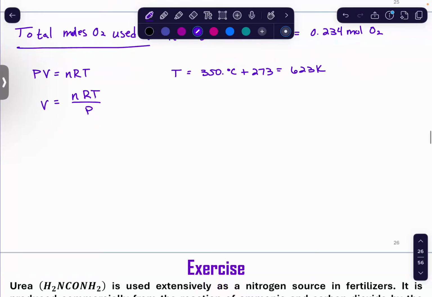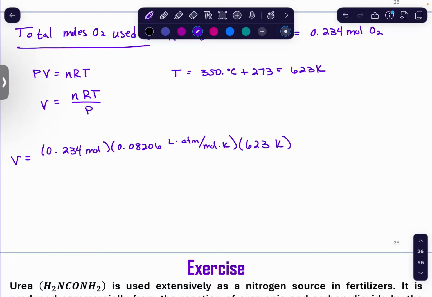Okay, so now I'll plug in numbers. V, our number of moles, 0.234. Our ideal gas constant, 0.08206 liters times atmospheres over moles times Kelvin. Temperature, 623 Kelvin.